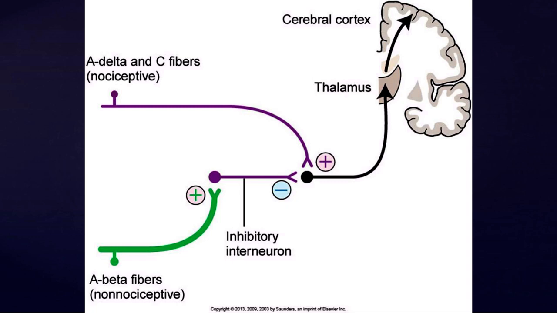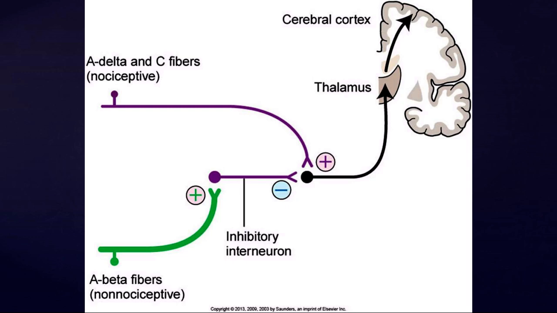The A beta fibers, which are non-nociceptive fibers, can be stimulated by things like soft tissue mobilization, electrical stim, vibration or mechanical forces. Ultrasound is another one. They actually go up and they stimulate an inhibitory neuron that helps block those C fiber and A delta fiber nociceptive messages. So that's our gate theory, or our counter irritant theory.